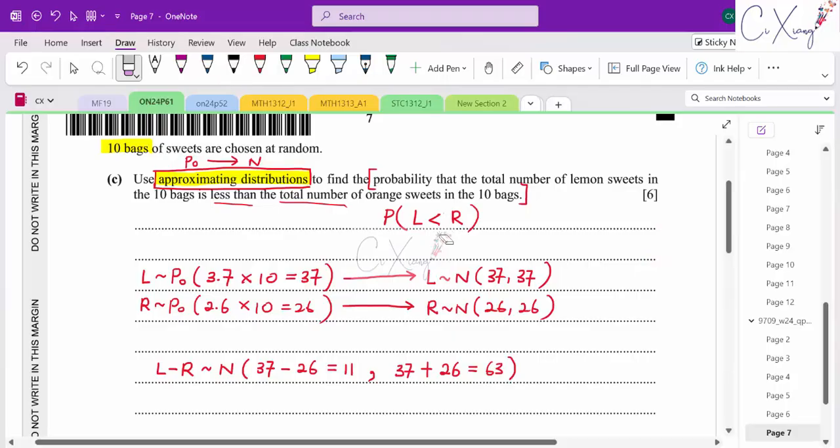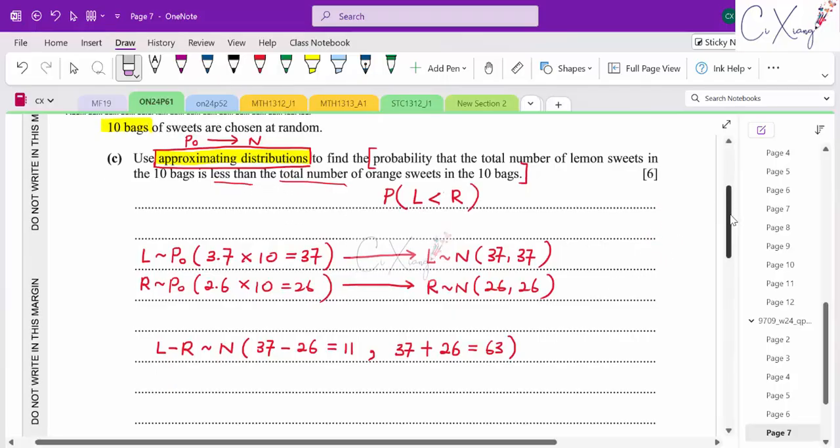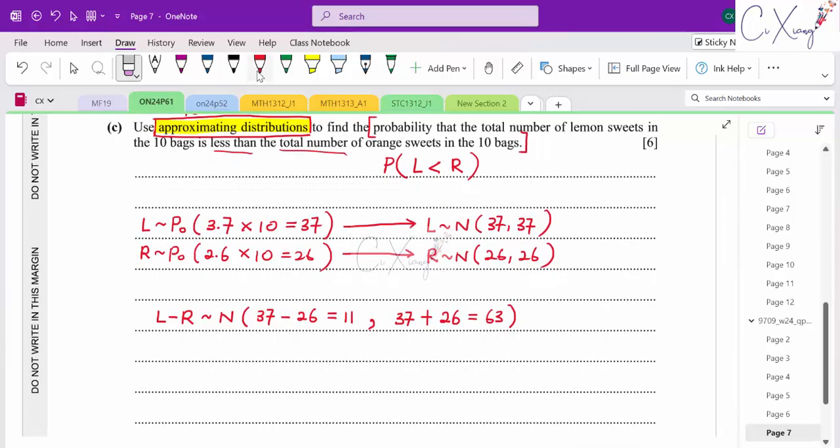Now we'll start with our calculation for the distribution. I'm interested in the calculation for L smaller than R. Originally, this is what I want to calculate. But I know that without moving the R to one side, I cannot calculate the probability. So I move the R to the other side, to become L minus R smaller than 0. L minus R, you know that it is normally distributed.